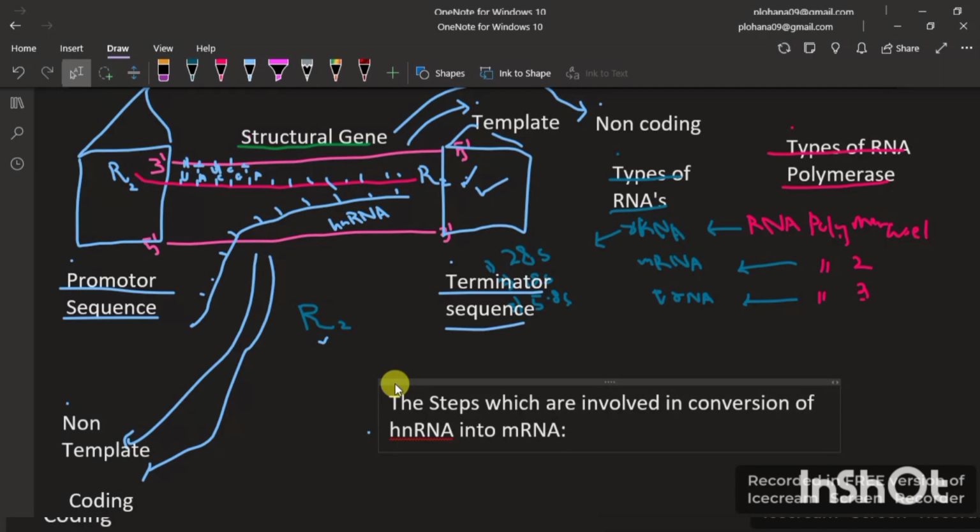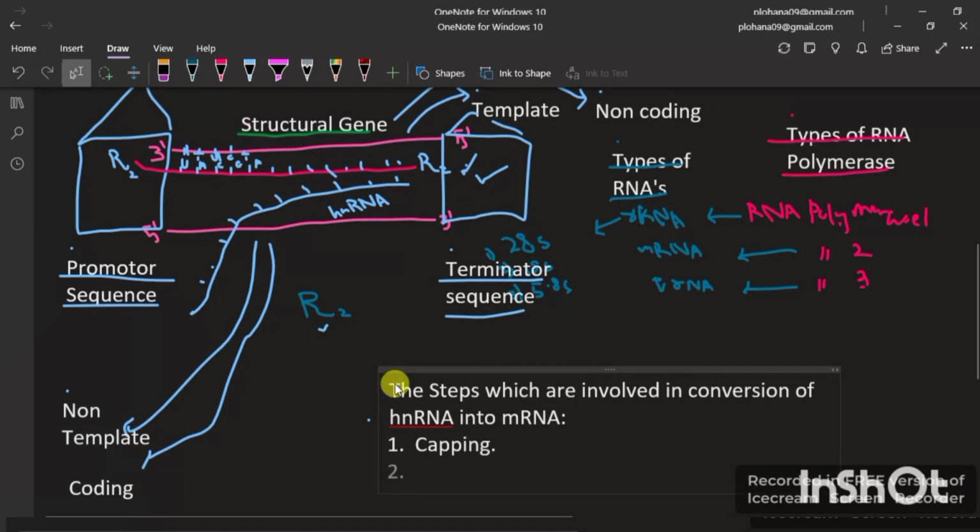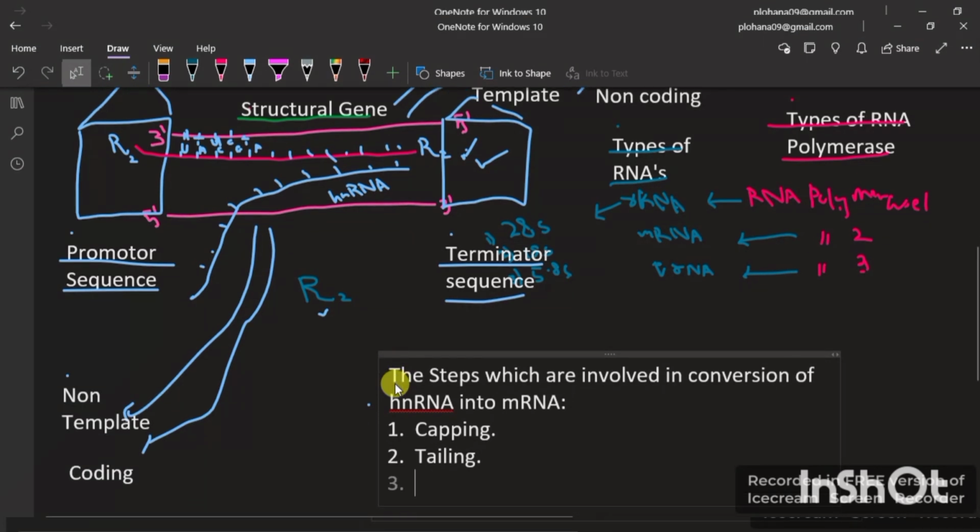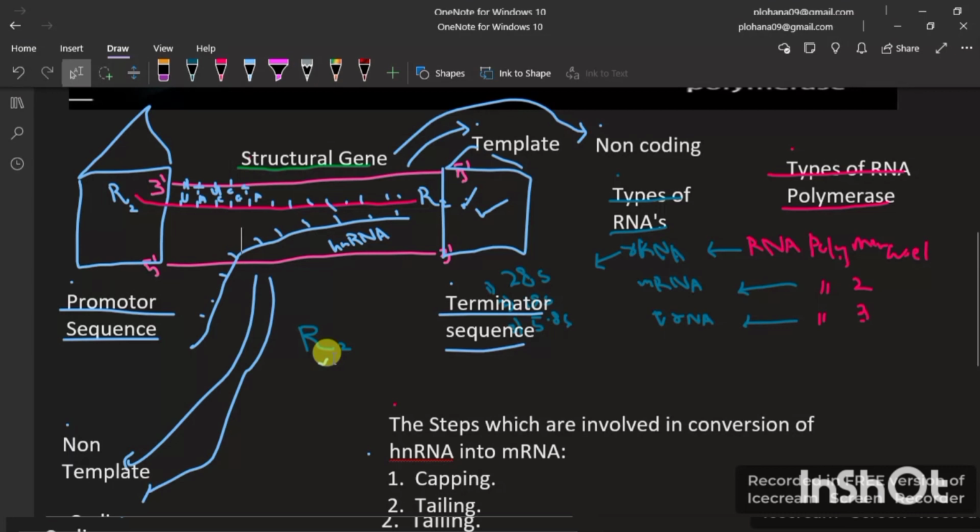So what those processes are, basically the first is capping. Then the second is tailing. Last but not the least, we have splicing. So we have these three processes which are involved in the conversion of this hRNA into mRNA.